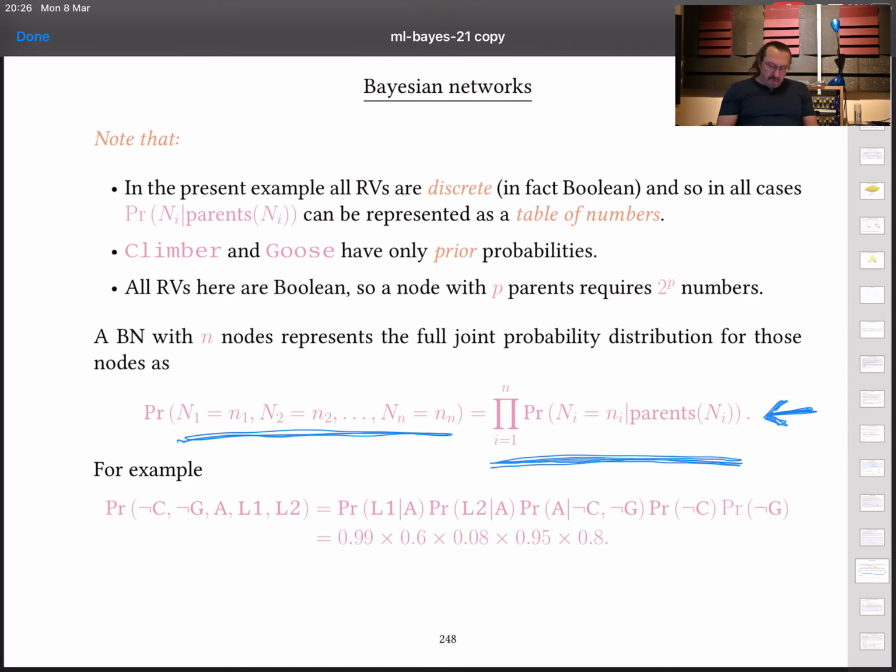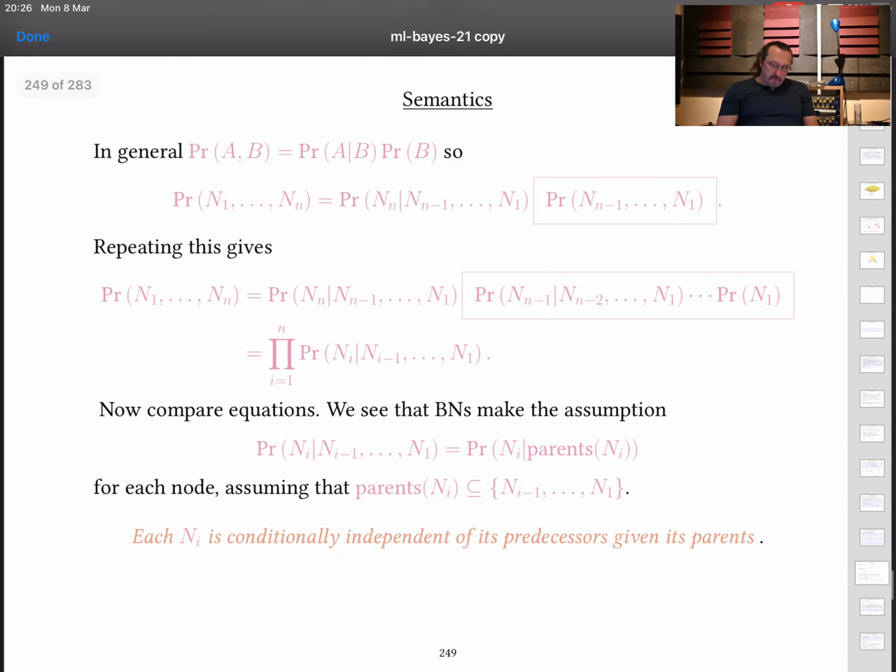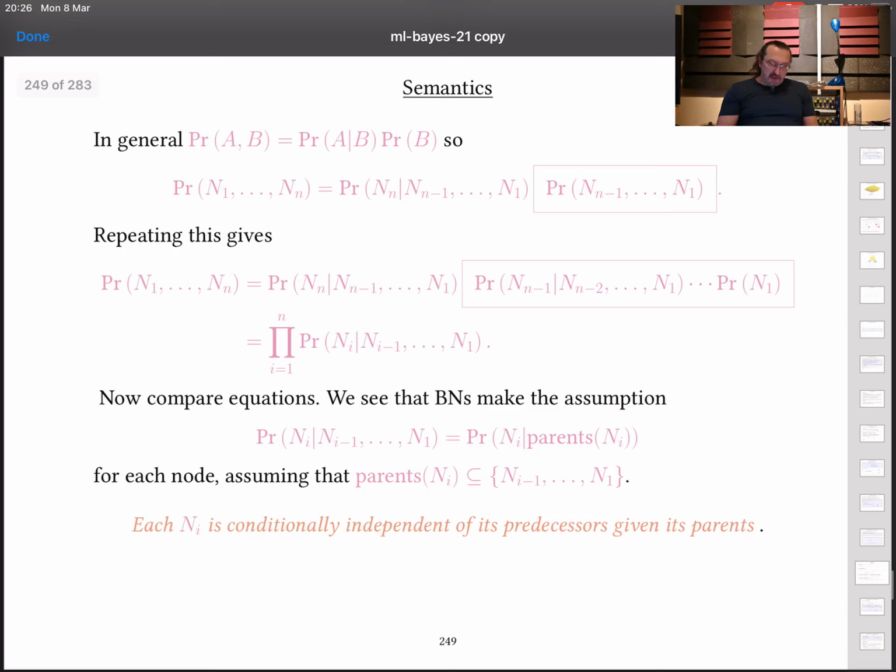What can we say then? Well, as a general rule, we know that we can split full joint distributions into conditional distributions. The idea with that is that because we know that the probability of A and B is the probability of A given B times the probability of B, if we've got a whole bunch of random variables, as in the second line, we can start by splitting like this.